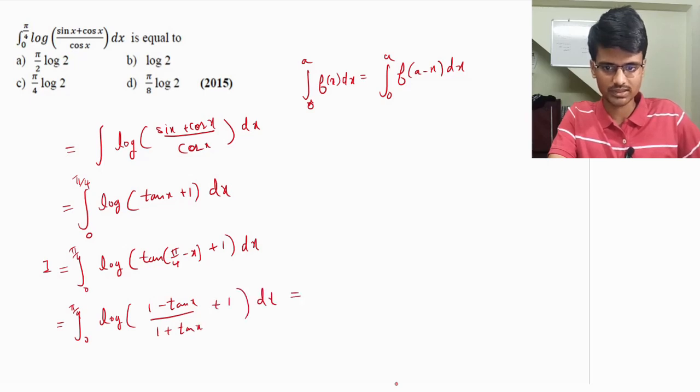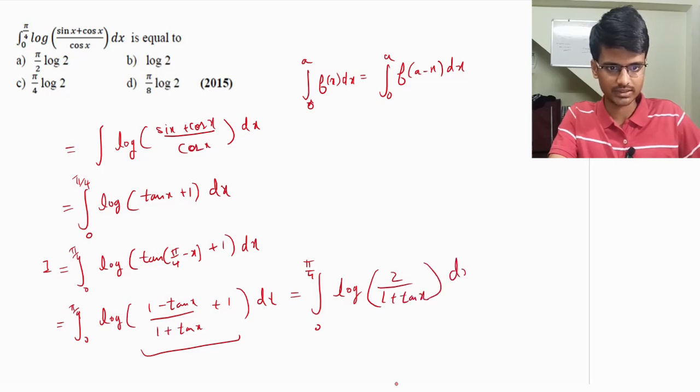So what is this? From 0 to pi by 4, 1 goes there in the numerator. On simplifying this, what do I get? I'm doing it directly, so I get 2 by 1 plus tan x, dx.